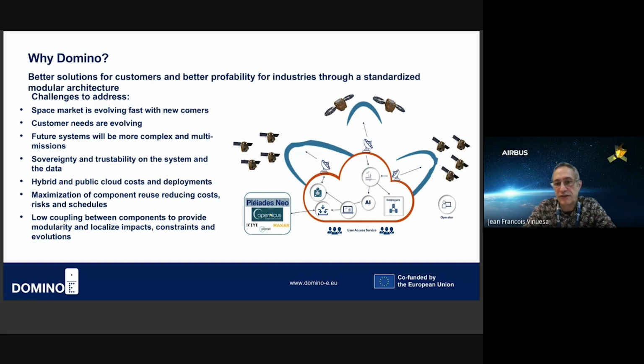And also what we have seen with our customers is that before, you wanted an end-to-end system with one satellite, an optical satellite, or a radar satellite, or something with navigation. Now, the client wants all-in-one. He wants to be able to address from his ground segment multi-mission.